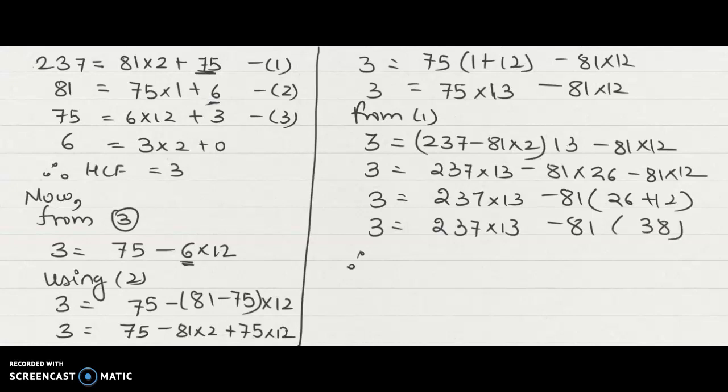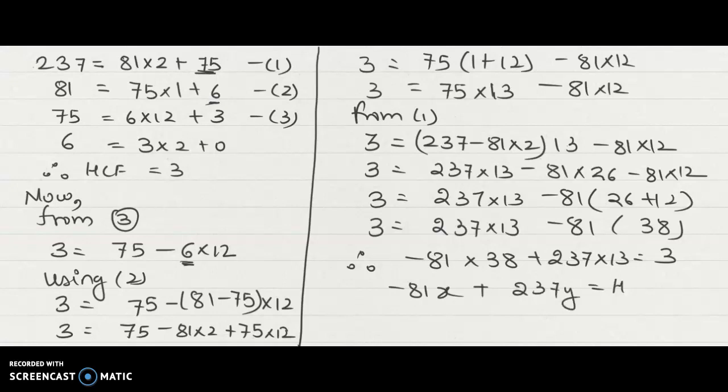So therefore, we can write minus 81 into 38 plus 237 into 13 is equal to 3. That is, minus 81x plus 237y is the HCF of 81 and 237.